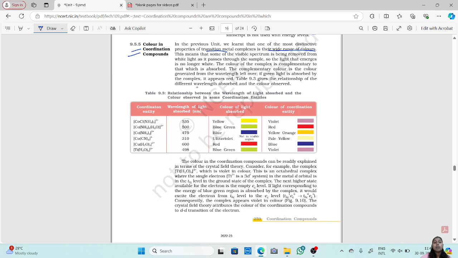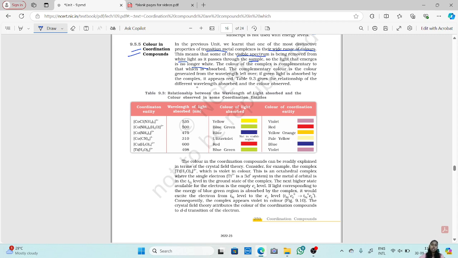This means that some of the visible spectrum is removed from white light as it passes through the sample, so the light that emerges is no longer white. The color of the complex is complementary to that which is absorbed.